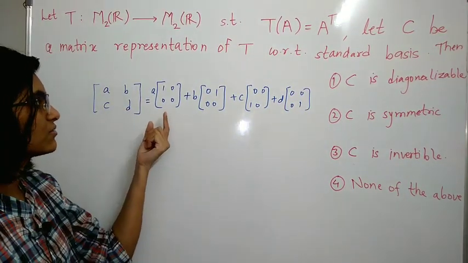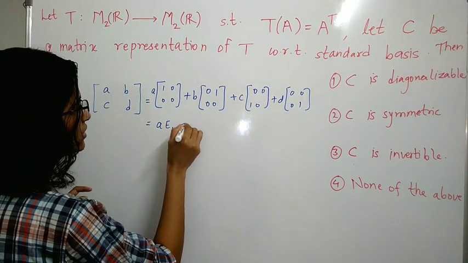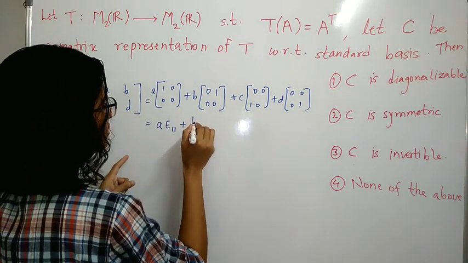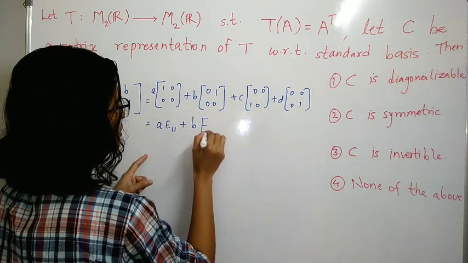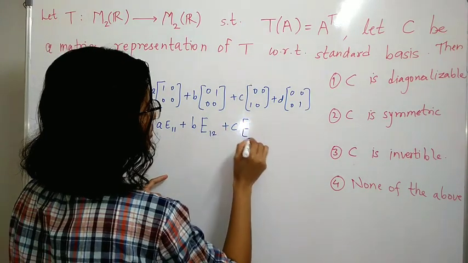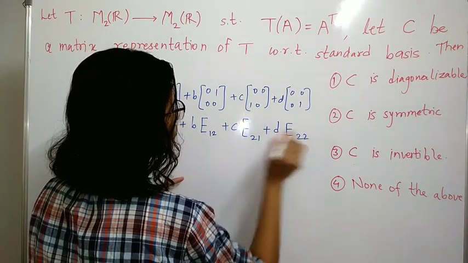Let me call the first matrix E11, where the first entry is 1, then B times E12 plus C times E21 plus D times E22.